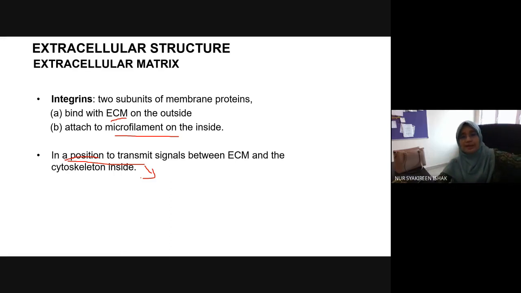The hormones will bind to the integrin and cause the integrin to change shape, and by changing shape, it will relay information inside the cell to do some kind of reaction. That is what it means there. In a position to transmit signals, right?